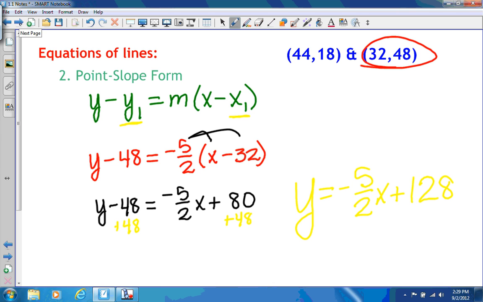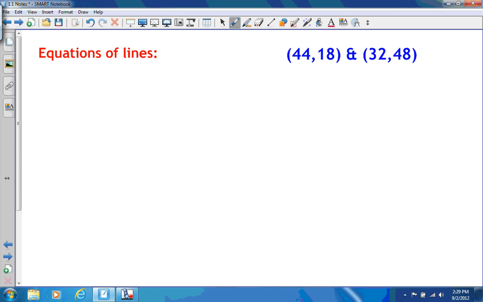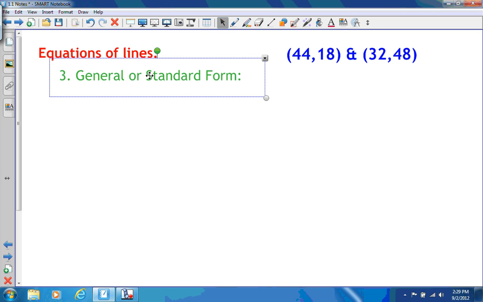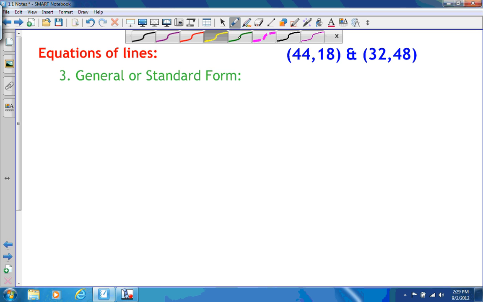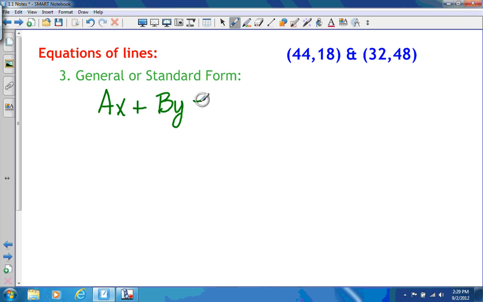A third way that you will see equations written for lines would be general or standard form. General or standard form either puts it as ax plus by equals c, or ax plus by minus c equals 0.